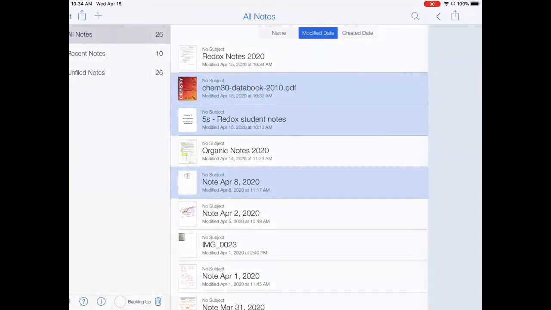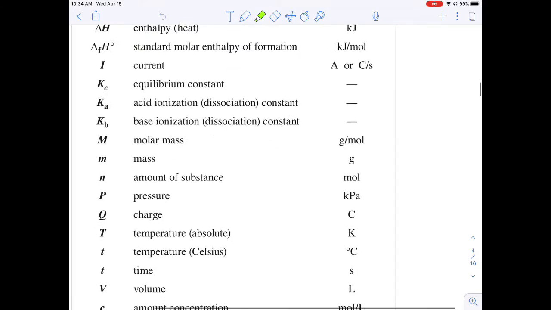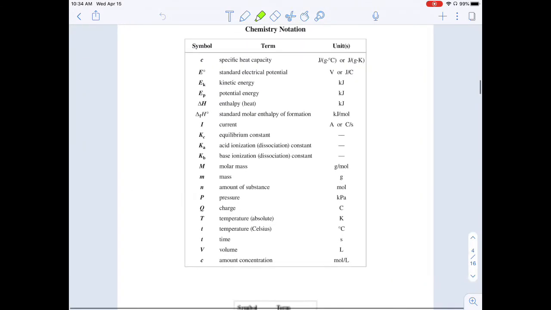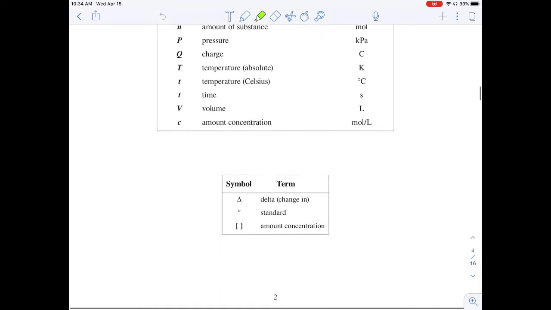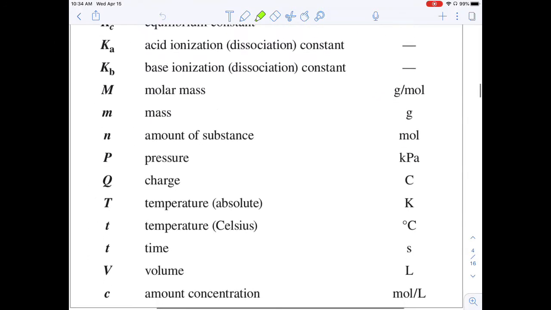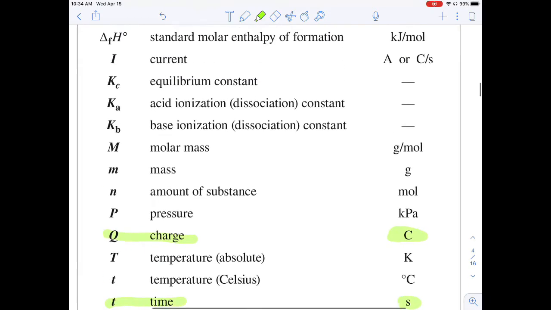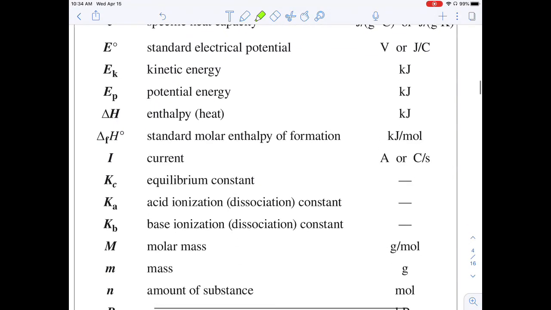It's a little sneaky where it's hidden, but in this chemistry notation, on page 2 in your data booklet, Q is charge and it's measured in coulombs, and time is measured in seconds. If we look at current, it is amps, or coulombs per second.